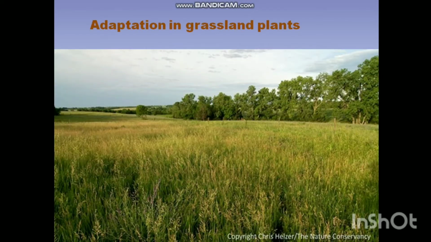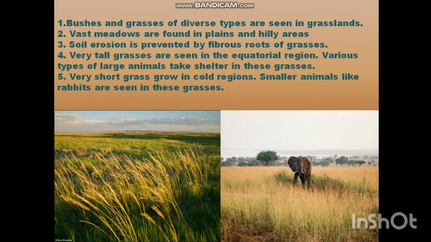Now let's move further. Our next topic is adaptation in grassland plants. A variety of bushes and grasses are seen in grasslands. Vast meadows are found in plains as well as hilly areas. Soil erosion here is prevented by fibrous roots present in the grasses.